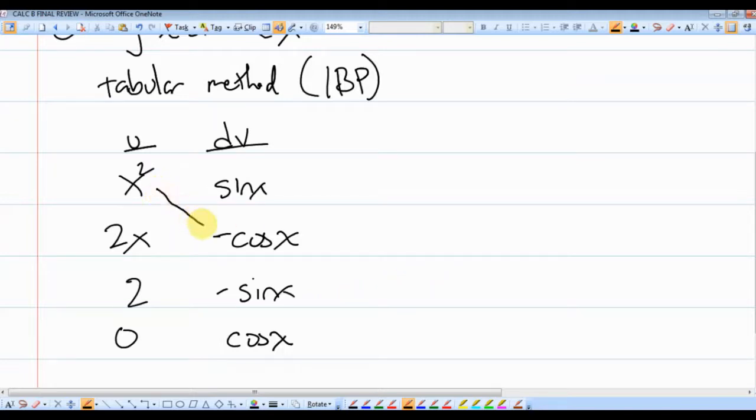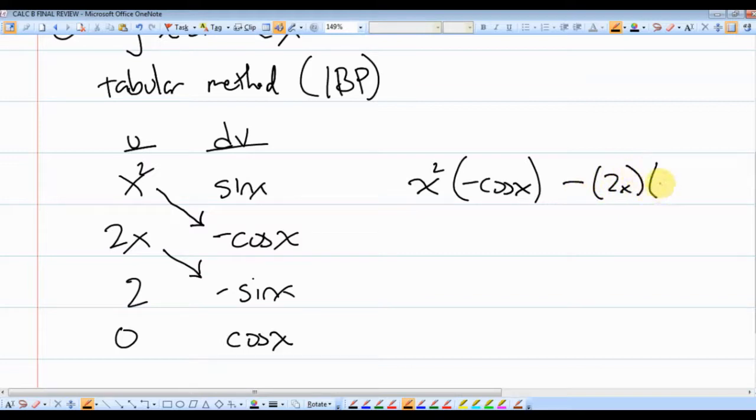Okay. We have x squared times negative cosine x, minus 2x times negative sine x, plus 2 times cosine x.